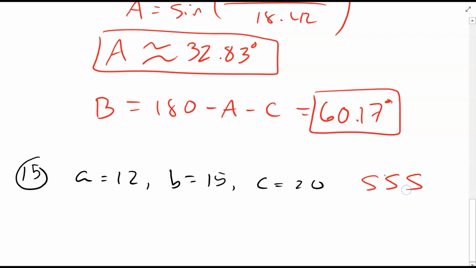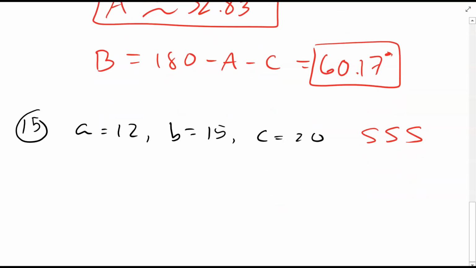So it's easy to see this is the side, side, side situation since you're given three sides. In the side, side, side situation, I want to find the biggest angle first. So I'm going to find angle C to begin with.